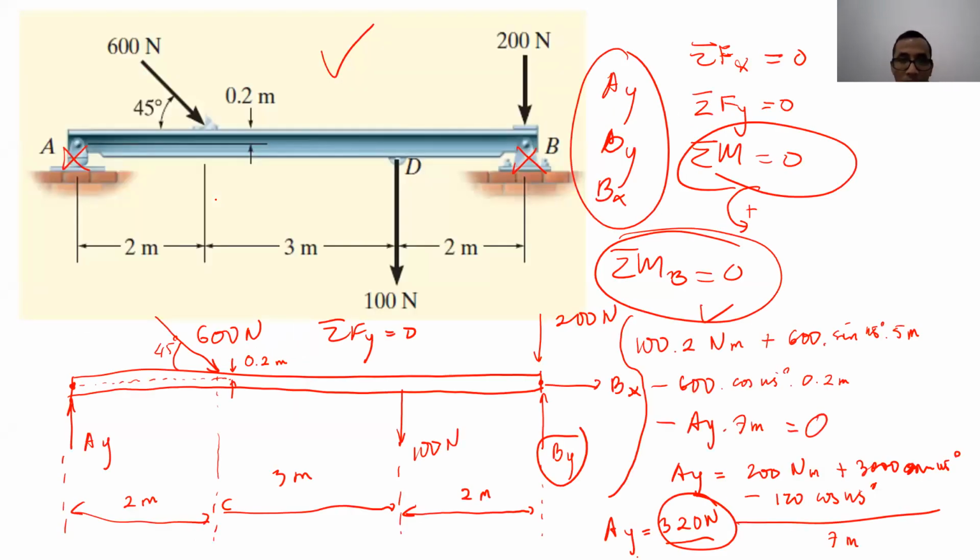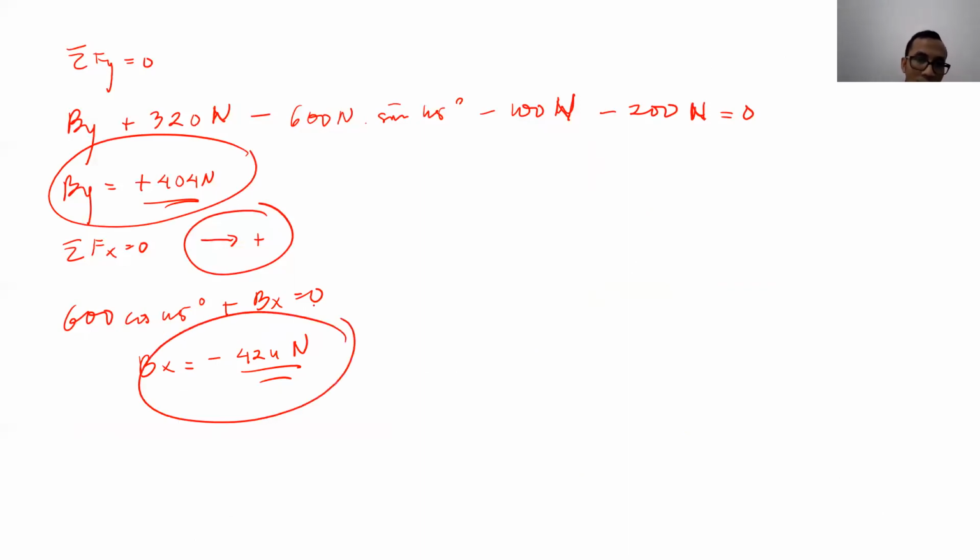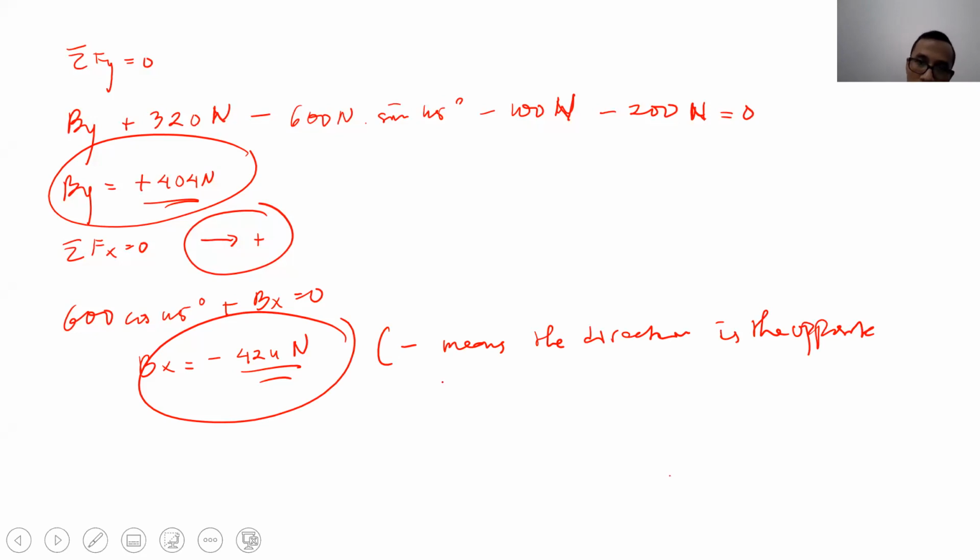Ay is 320 Newton. Py is 404 Newton positive. Bx is minus 424 Newton. Minus means the direction is the opposite of the direction in the free body diagram.